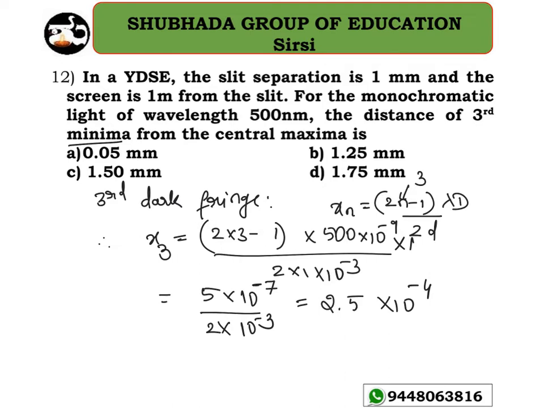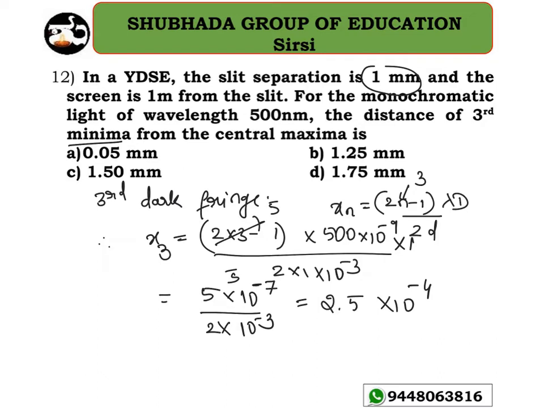Sorry, here the slit separation is 1 millimeter, so this must be 1 millimeter. I hope that it's correct now. So the value of this is going to be how much here? This is 5, and here I have one more 5 left.